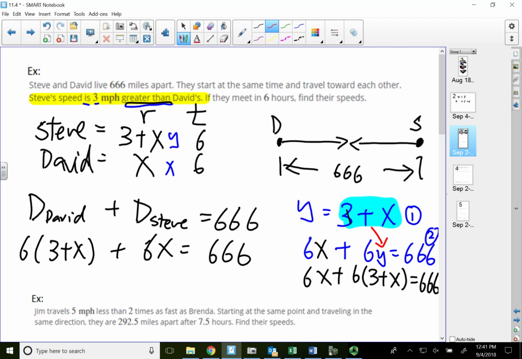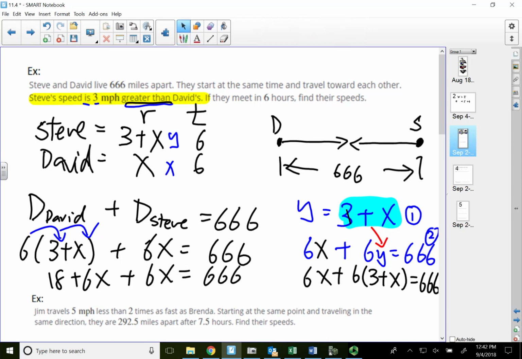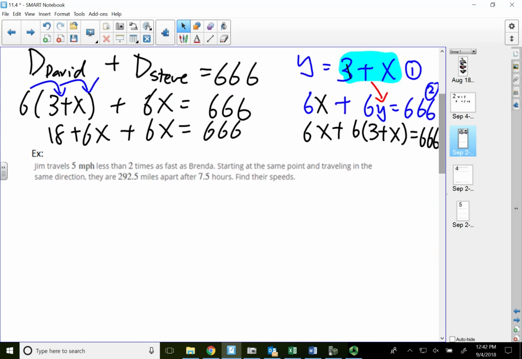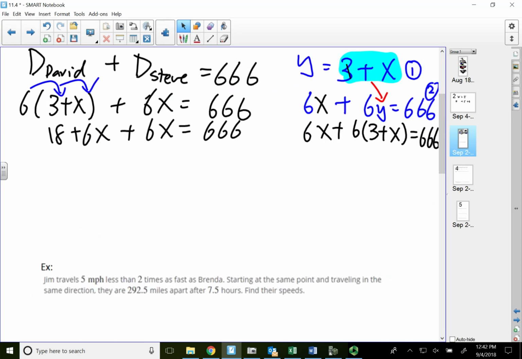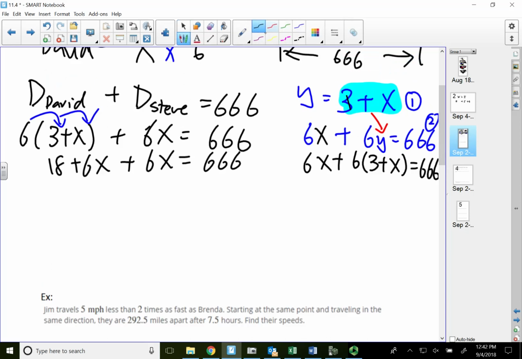All right, let's do some distribution here. I'm going to go back to my one variable. That would be 18 plus 6x plus 6x equal to 666. Combine like terms. That would be 12x on the left side. All right, let's move my 18 to the other side, becomes negative.